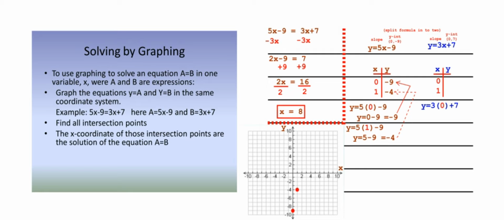For the first case, y equals 3 times 0 plus 7. 3 times 0 is 0, 0 plus 7, nice and easy, we get 7. Second case, y equals 3 times 1, which is 3, so 3 plus 7 gives us 10. So when x is 0, we get 7, and when x is 1, we get 10.